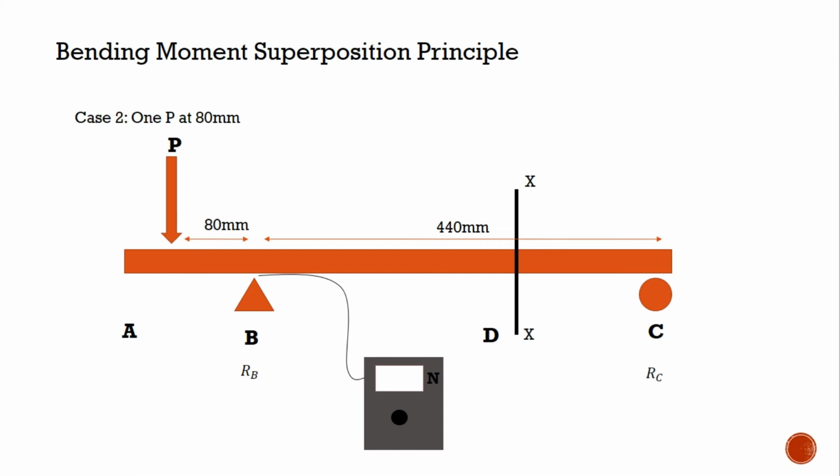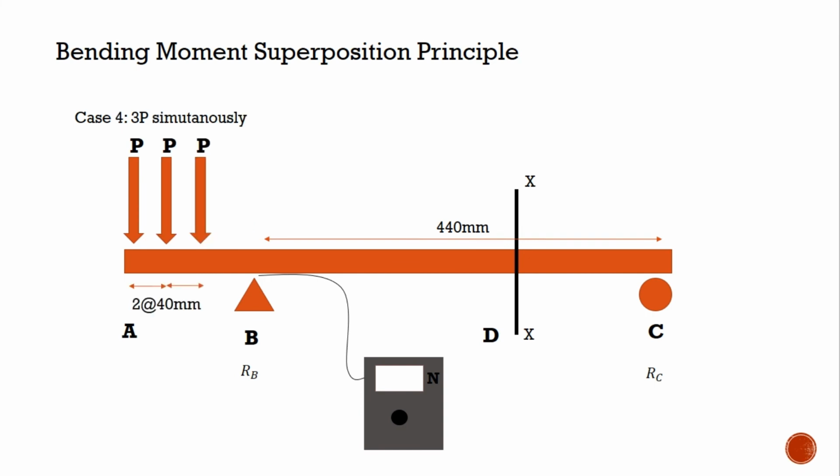Next, case 2, 1P at 80 millimeters. Case 3, 1P at 120 millimeters. And case 4, which is different, we have 3P simultaneously, with the loads separated by 40 millimeters.